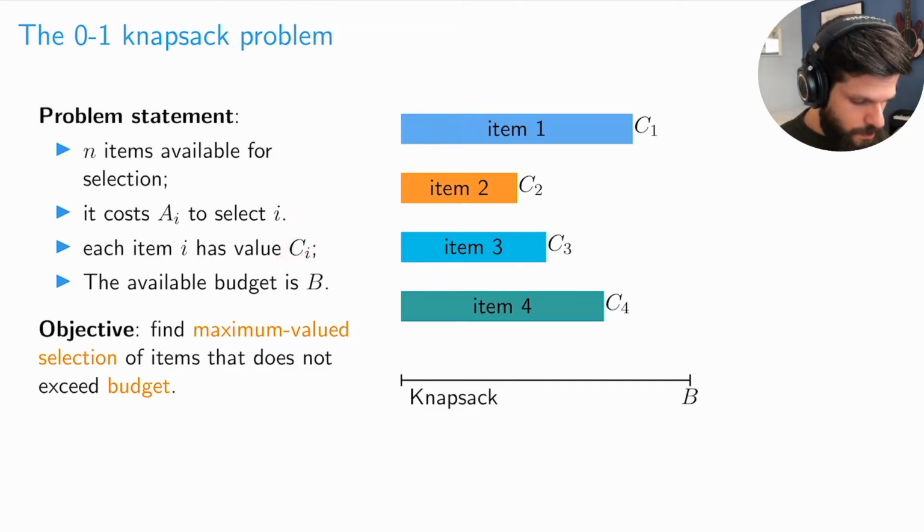So every time I make an item part of my selection, I win c_i, but I get discounted a_i from this budget b. The knapsack was originally posed thinking about this b being a weight budget. So you're a traveler and you want to fill your knapsack, your rucksack, with the most valuable items you can find.